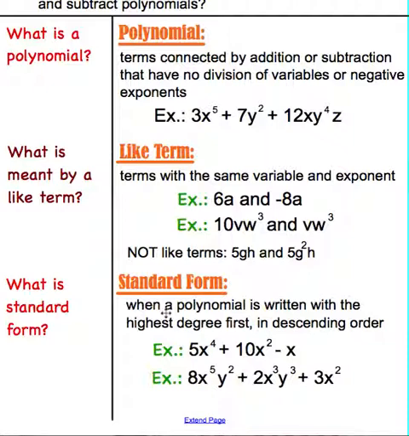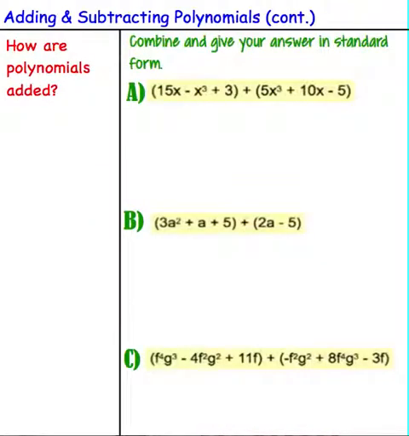So let's first start with adding polynomials. Looking at this first example, the polynomial 15x minus x cubed plus 3, plus the quantity 5x cubed plus 10x minus 5. I like to use different shapes and symbols to define terms.